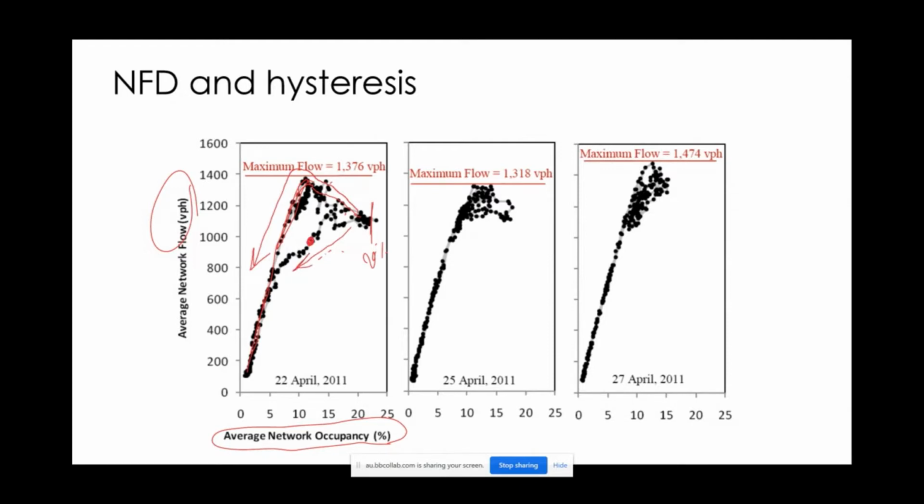So look at this point, for example. So this point on the MFD, at this time of the day, for the same density of, I don't know, something between 10 to 15, let's say 12% occupancy, it gives us a flow of a little bit less than 1,000, while at another time of the day, for the same network occupancy, we observed almost 1,400 vehicles per hour.